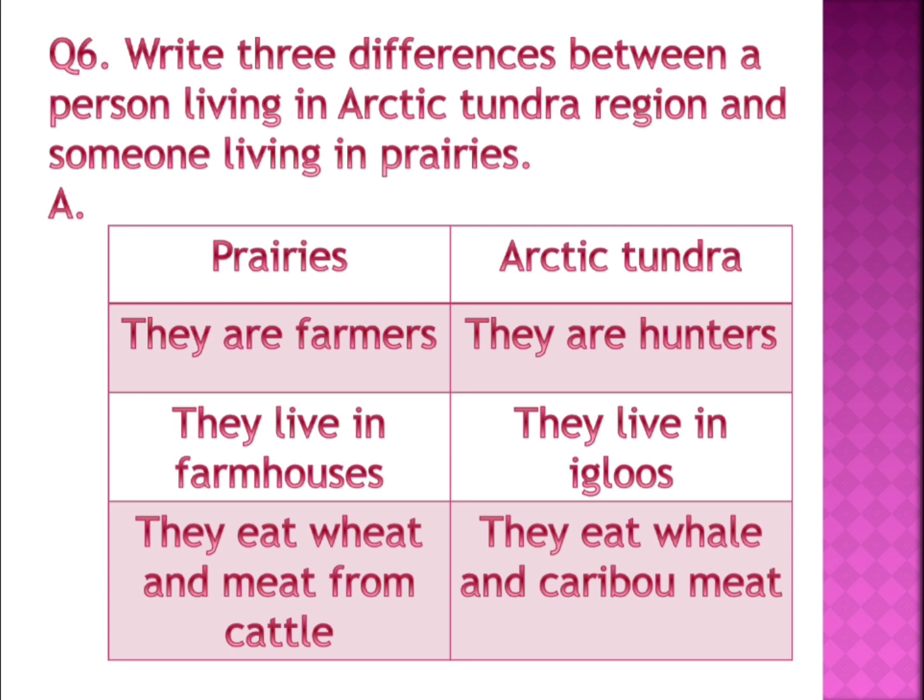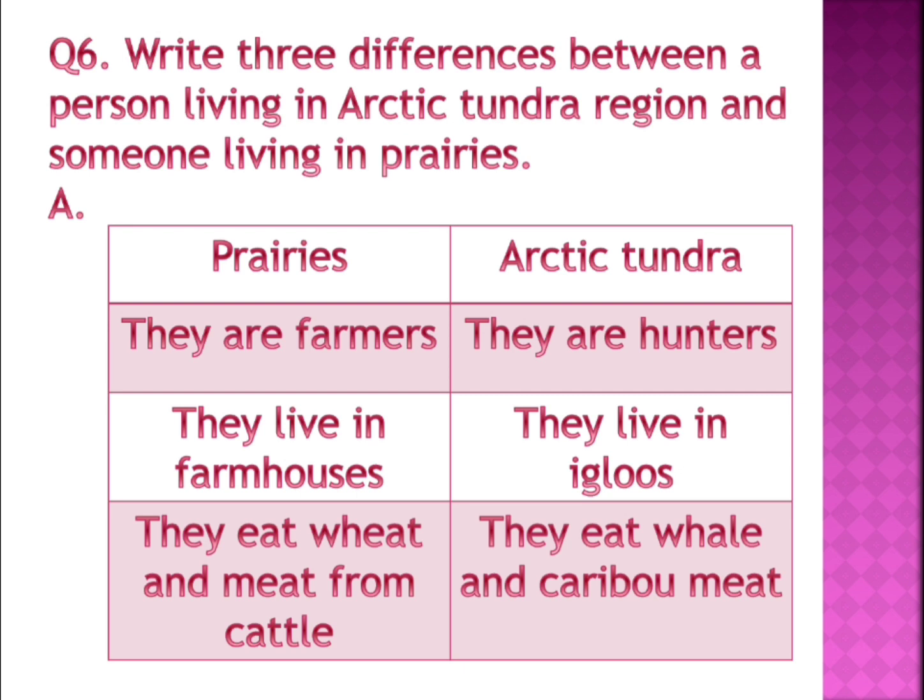Here in the Arctic Tundra region, they are hunters. They hunt seal and walrus. If you see the houses, people in the Prairies live in farmhouses, and in the Arctic Tundra region, people live in igloos, and nowadays they have started constructing wooden houses. So you can write that they live in igloos or wooden houses.